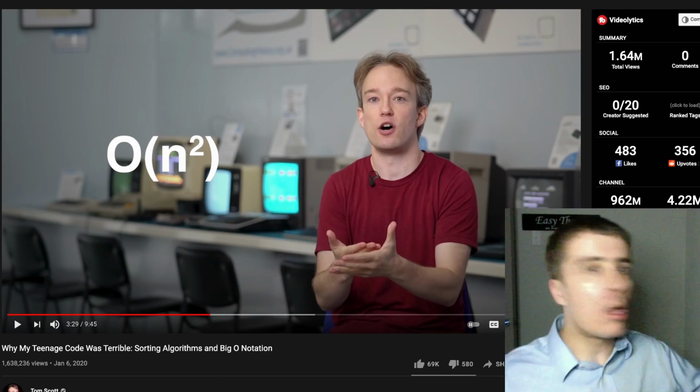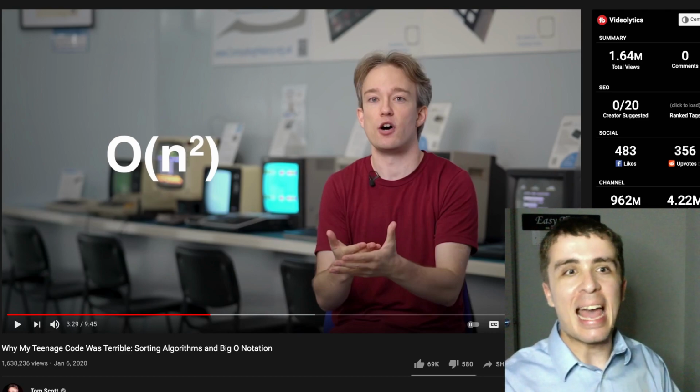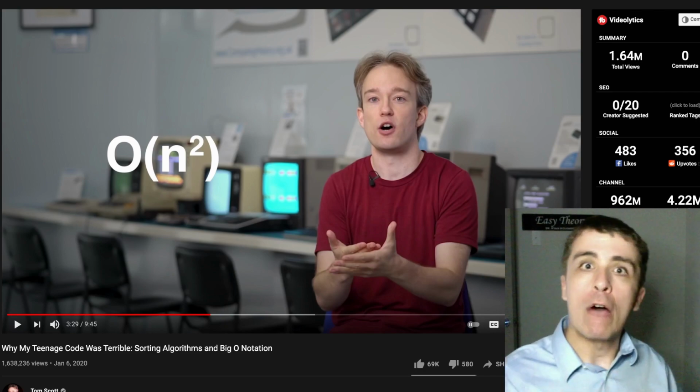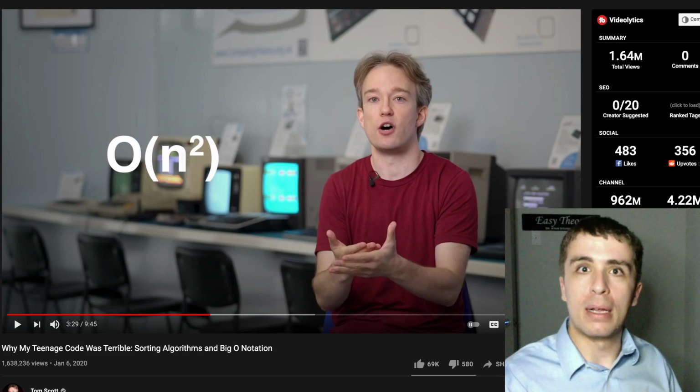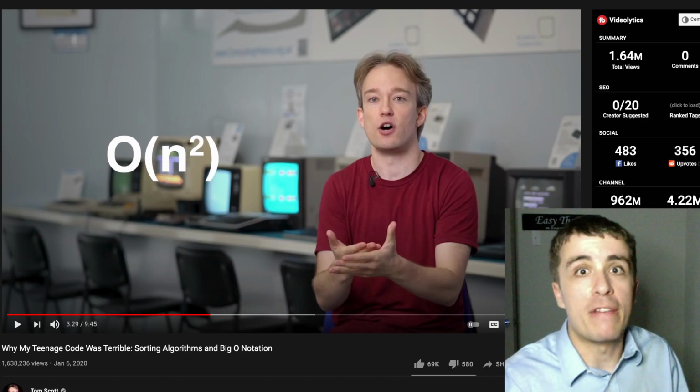So among all possible inputs of size n, every single one of them, no matter what you feed into this algorithm, is going to take at most some number, let's call it c, times n squared. So maybe it might be 2n squared, or however we're going to count the operations. It's going to be some fixed number times n squared at most. But for some inputs, it might actually perform really fast.